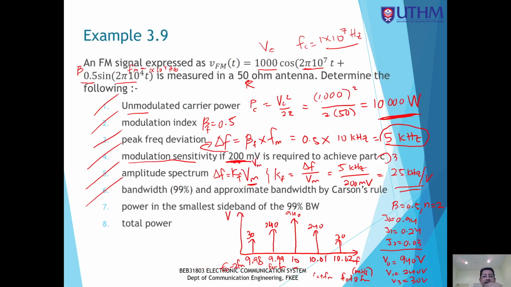The next question asks you to find the smallest sideband of the 99%. So you see that, maybe I can redraw again.